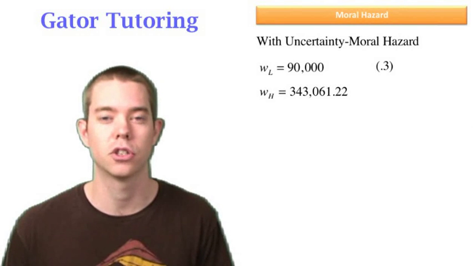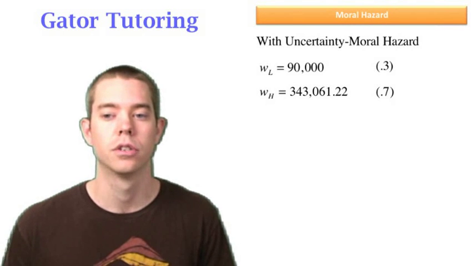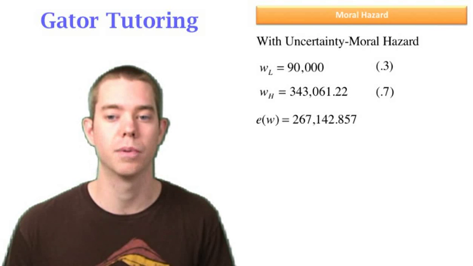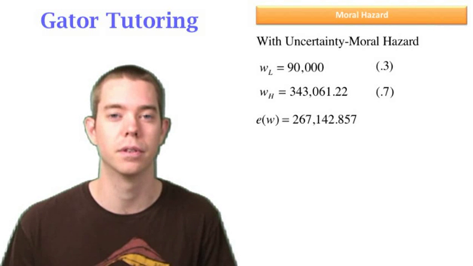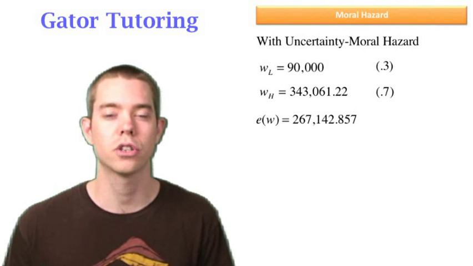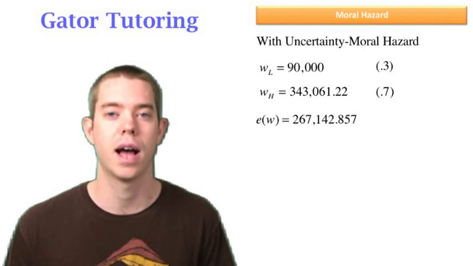Well, there's a 30% chance we're going to have that low profit. There's a 70% chance we're going to have that high profit. So we just multiply those through and add, and we see that our expected wage in this case is $267,142.857.